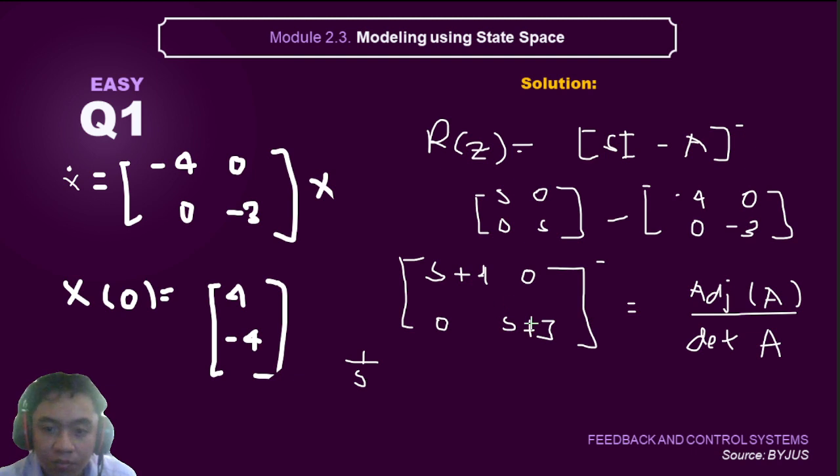Oh, I forgot, we are supposed to switch the positions of this. So this is going to be s plus 3 over here and s plus 4 over here, meaning what will be left here is 1 over s plus 4, this 0, 0, and this 1 over s plus 3.